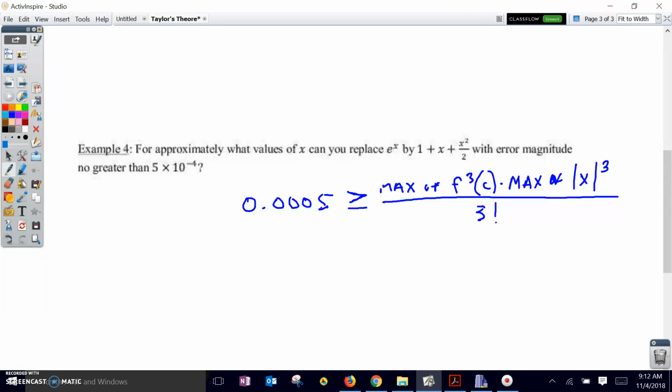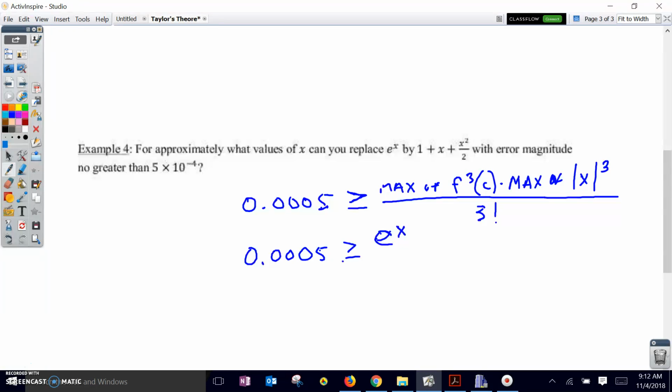Alright, so let's see. The maximum value of the third derivative at c, the third derivative of e to the x is just e to the x, and that's going to take on its maximum value at the endpoint. So I'm just going to replace this with e to the x.